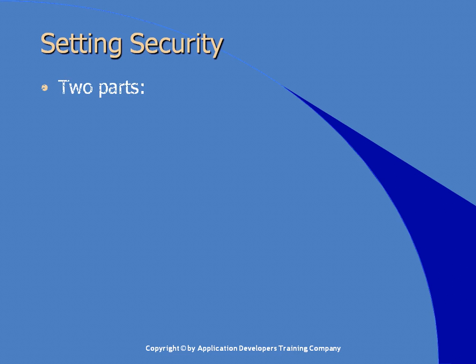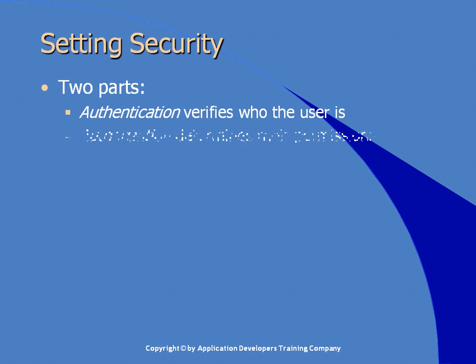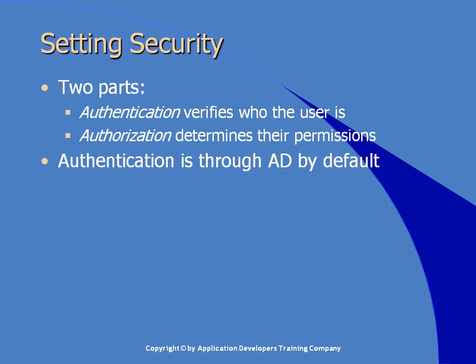Setting security. Setting security has two parts. Authentication verifies that a user is who he or she says he or she is. Authorization determines the permissions that a user has. By default, authentication is verified by Active Directory.